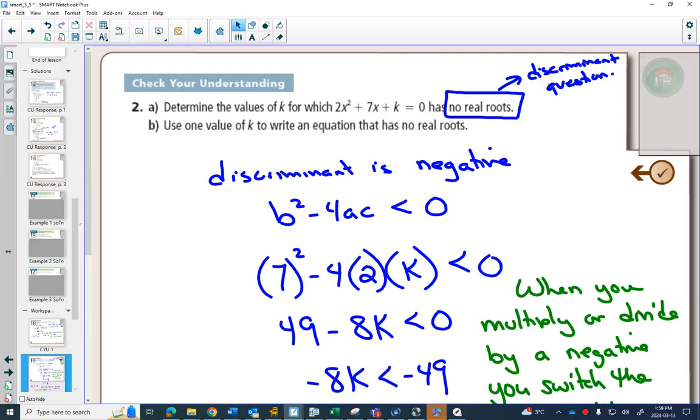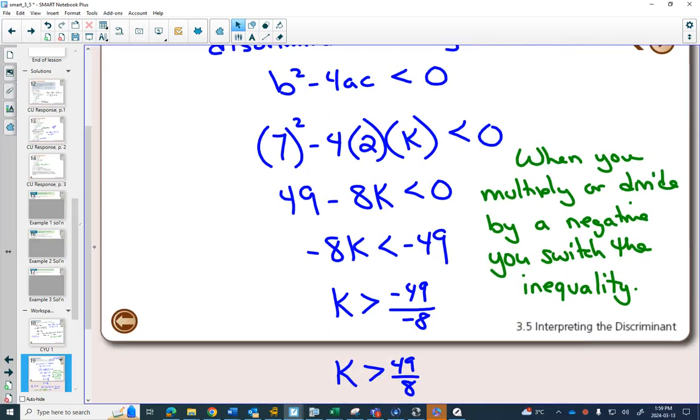So sometimes you'll put an equal sign here. If it said 1 root, you'd say it has to equal 0. If it said 2 roots, then it would have to be bigger than 0. And you solve your discriminant, find out what k is. K will always, except for when it's equal to 0, have an inequality.